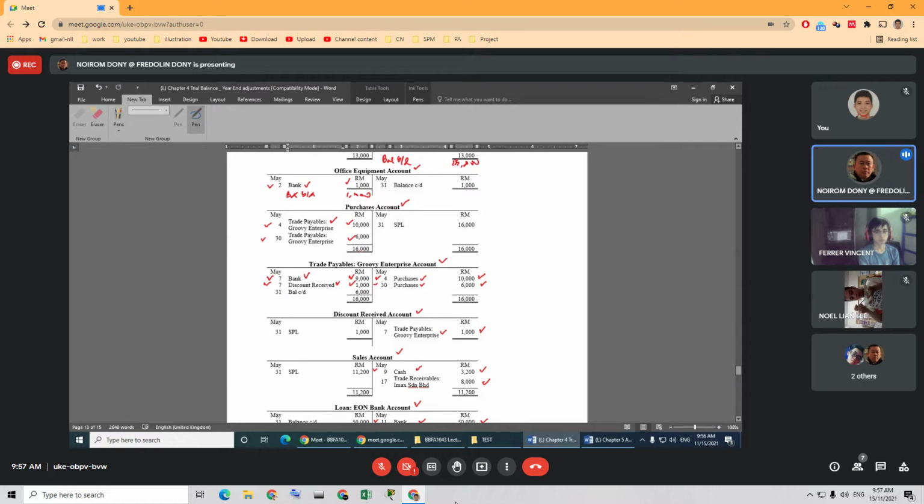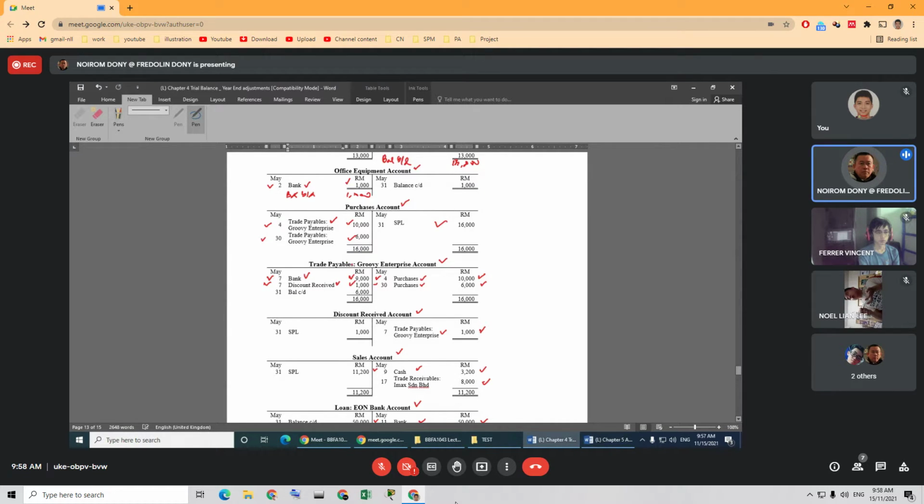And this amount will be posted to SPL. Meaning we close off this account by posting this amount. We credit purchases and we debit SPL. But in SPL, we don't see the debit entry, but we only see less, because it was prepared in statement form. So less is representing the debit entry, and this is representing the credit entry.